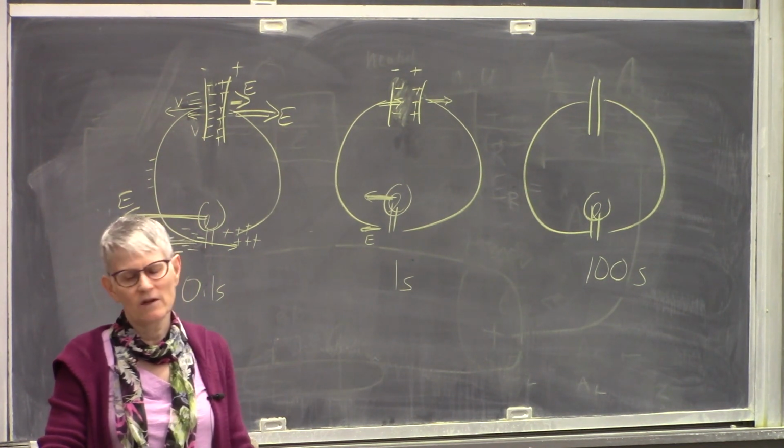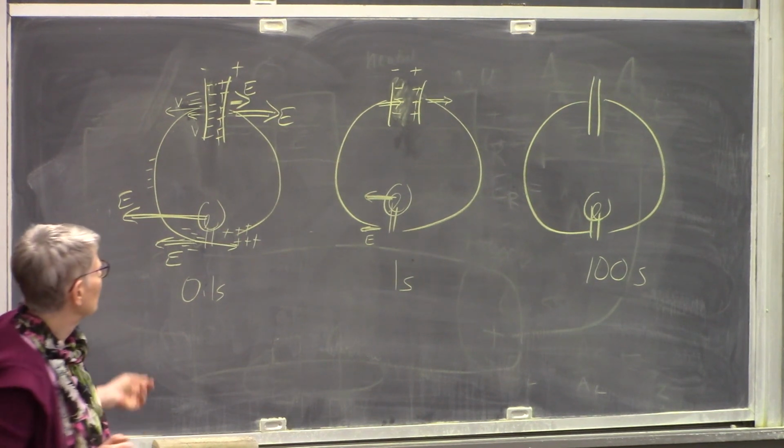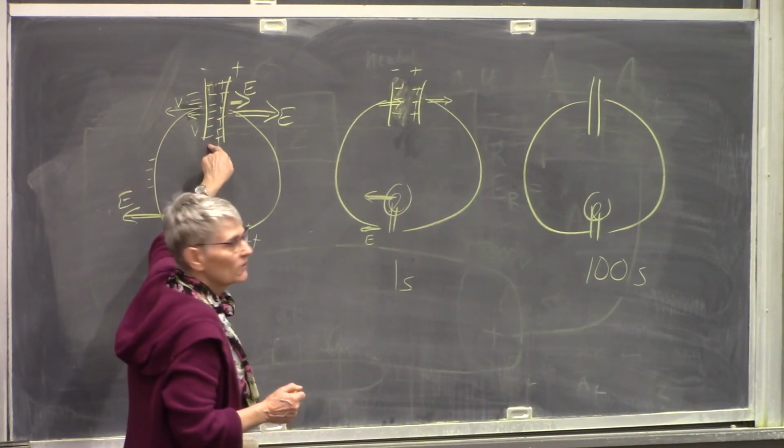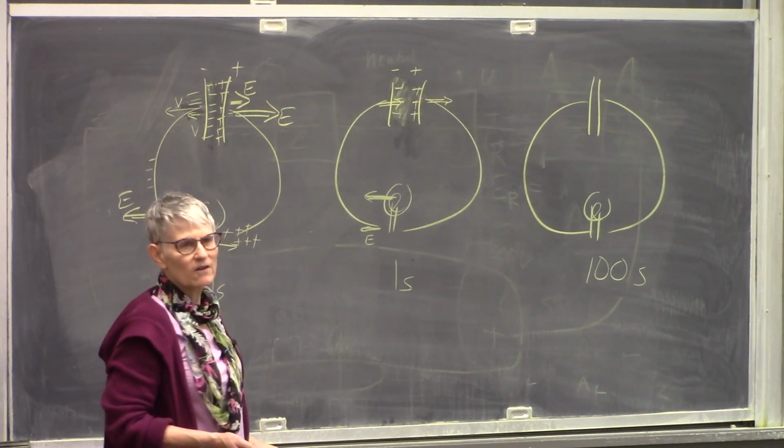So why does the capacitor discharge? Aren't the electrons on the negative plate attracted to the positive plate? Don't they just want to stay there?